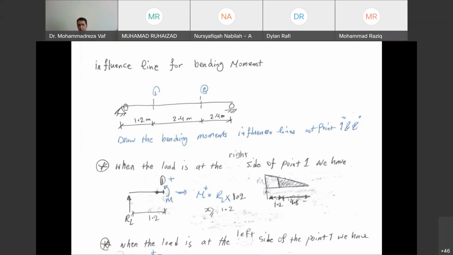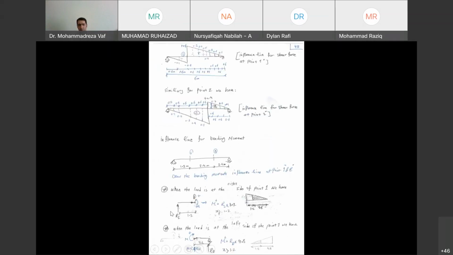So regardless of the location of the load, let me draw this one so you can understand it better. When the load is here, at any location between point A and point 1, you cut your beam from here, and the bending moment is the support reaction at point B, or RB.